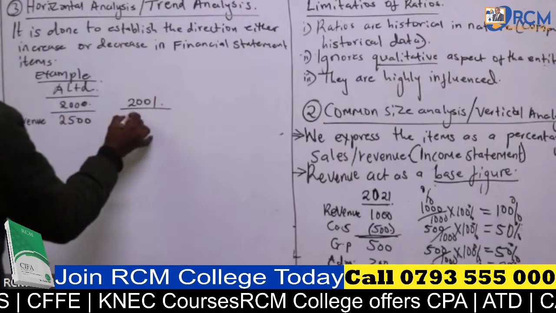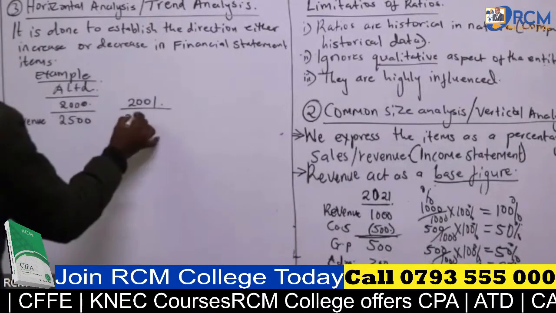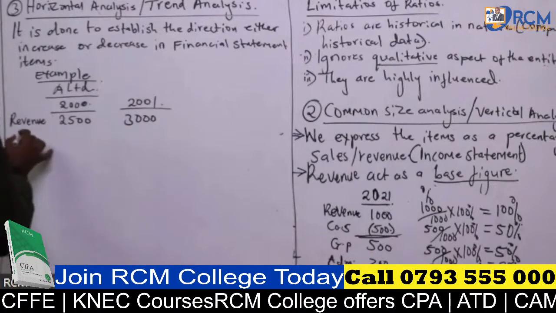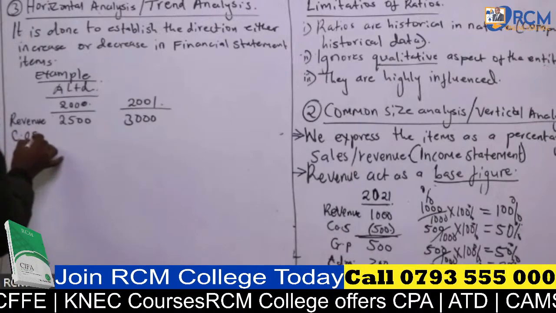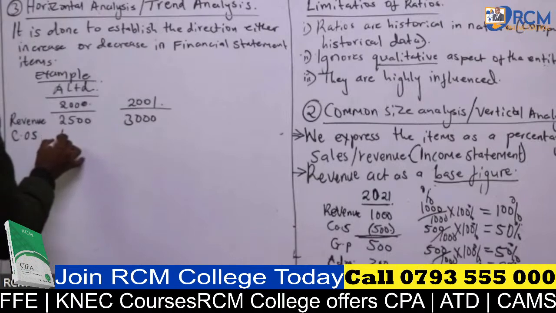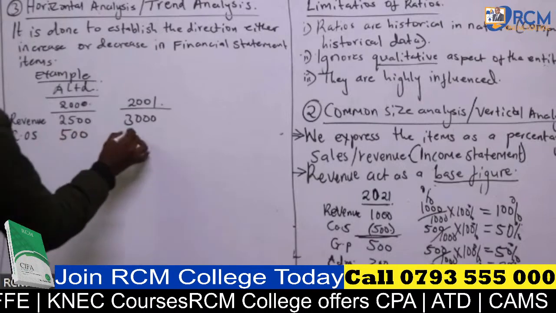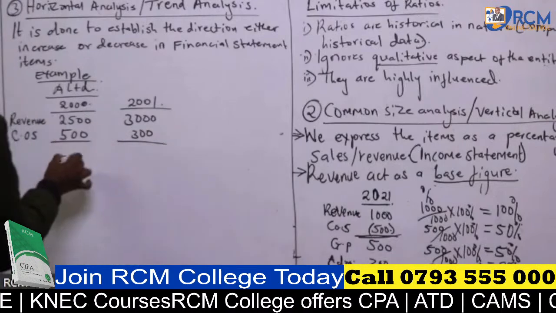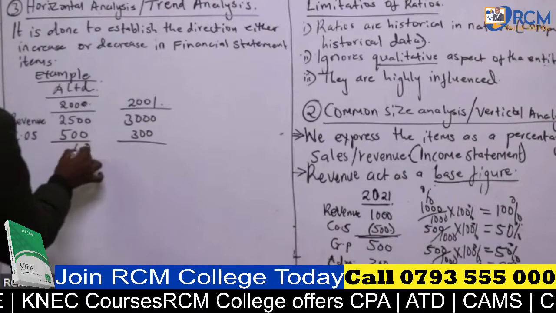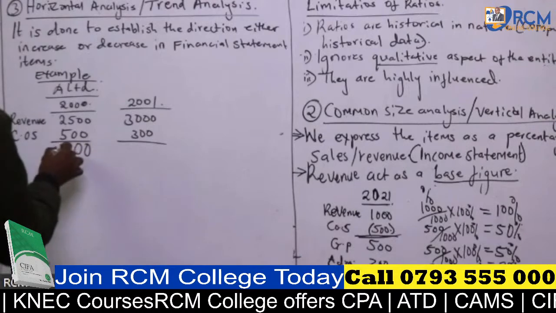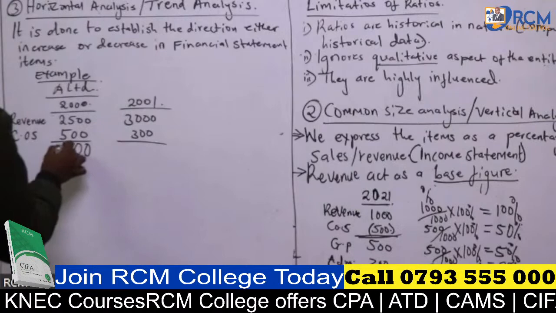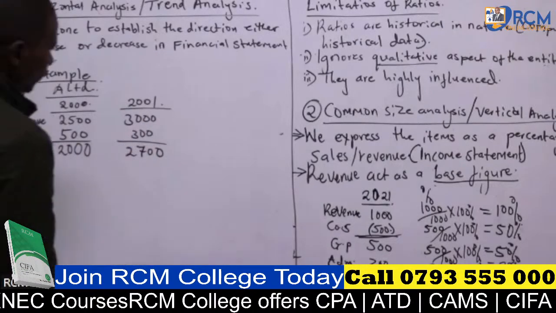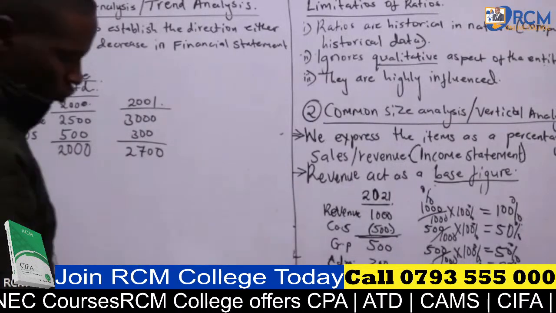Then here we have revenue of 3,000. Then cost of sale, maybe 500 and here 300. Then our gross profit will be 2,000 here and 2,700 here.